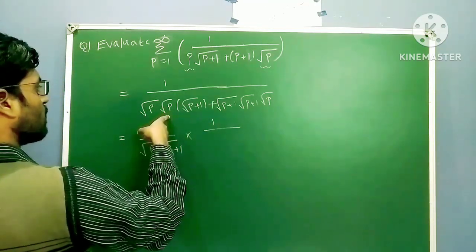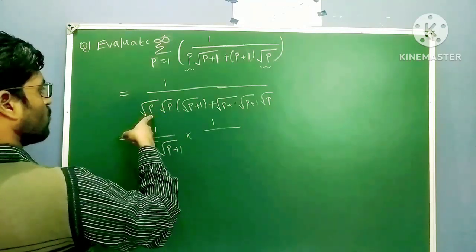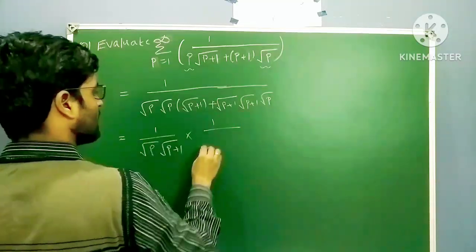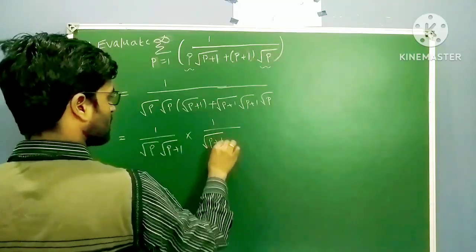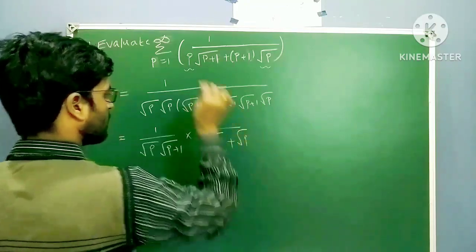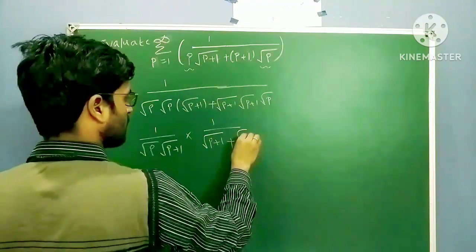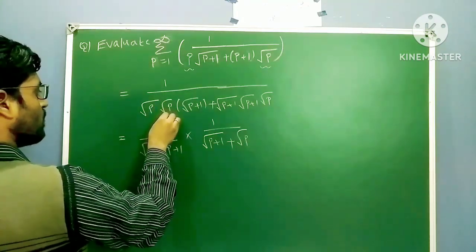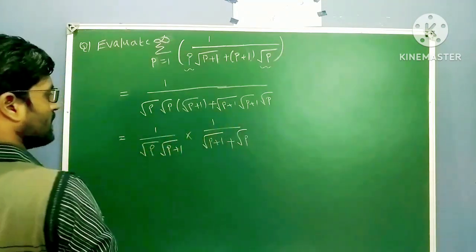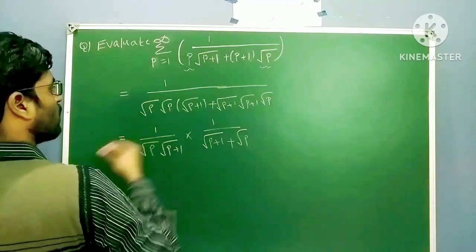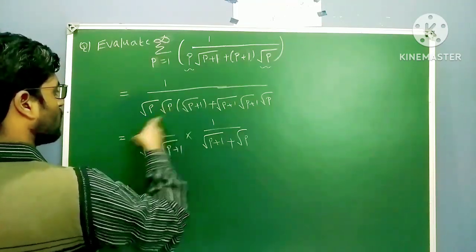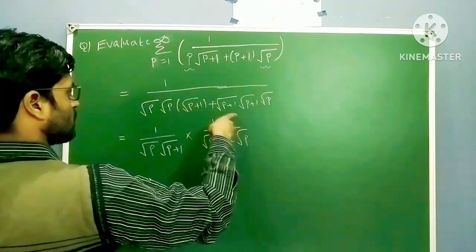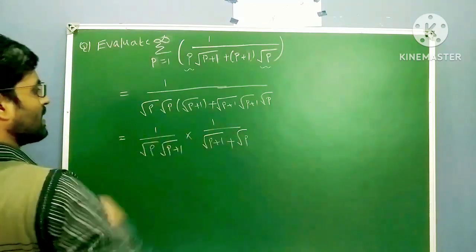Here 1 root p is still there, and here 1 root p plus 1 is still there. So I can write 1 by root p plus 1 plus root p. Clear or not? I am taking root p as common and root p plus 1 as common. Then what happens? Here 2 root p's, so 1 root p is outside, and here root p plus 1 plus root p. I can write this expression.